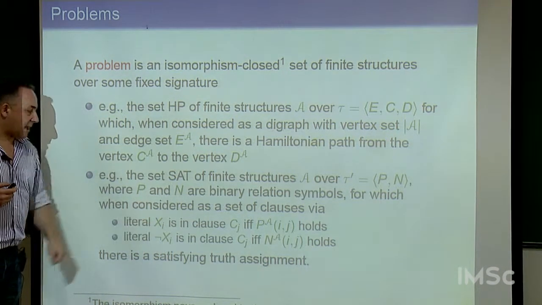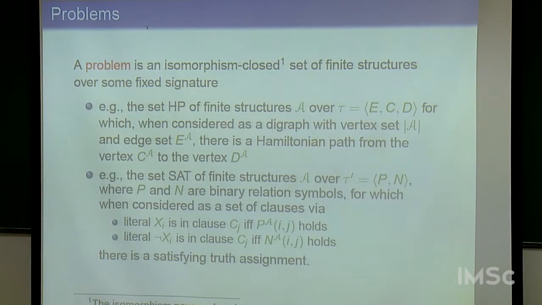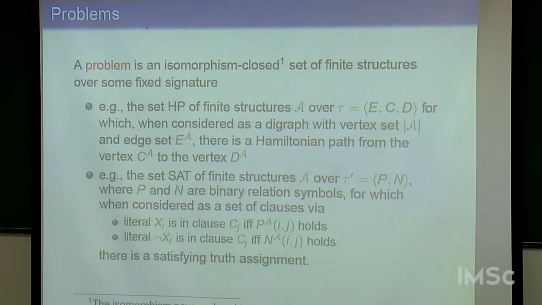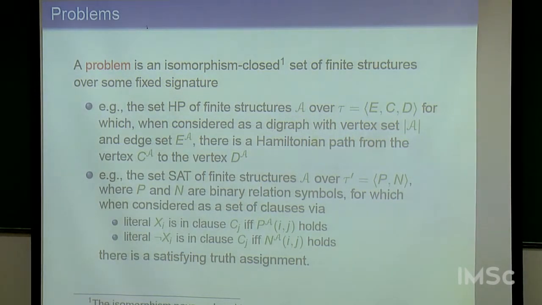The literal xi is in the clause cj, so my Boolean variables are indexed from 0 to n minus 1, and my clauses are indexed 0 to n minus 1. And I have that the literal xi is in the clause cj if and only if pij holds in my structure. And the negation not xi is in my clause cj if nij holds in my structure.